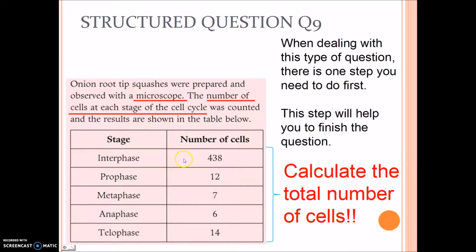What you are going to observe is the number of cells at the specific stages of the cell cycle: interphase, prophase, metaphase, anaphase, telophase. So at least for this type of question, the first step I want you to do is to calculate the total number of the cells. It's very important before you move on to part A and part B.